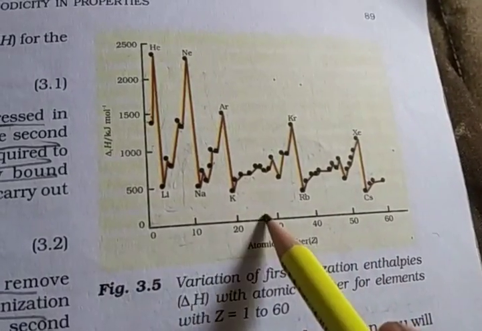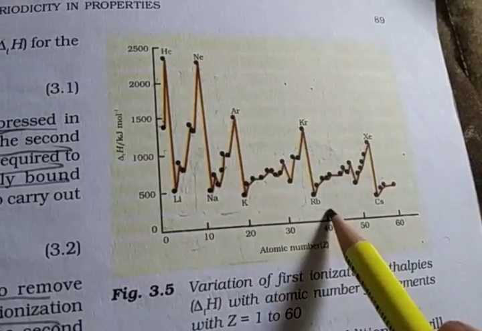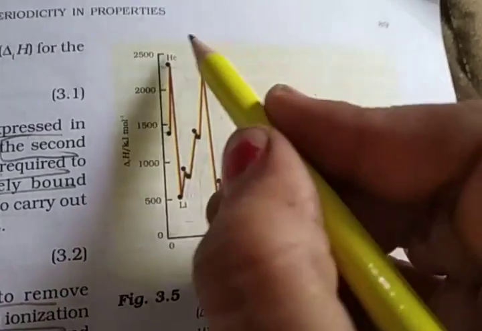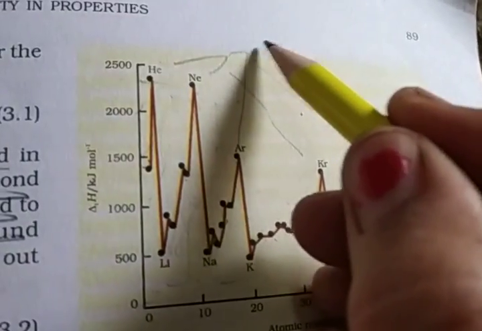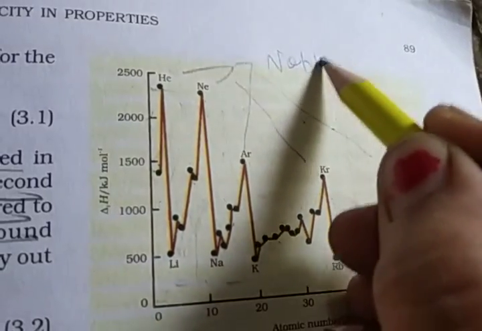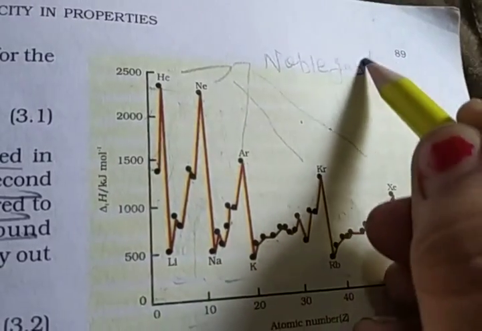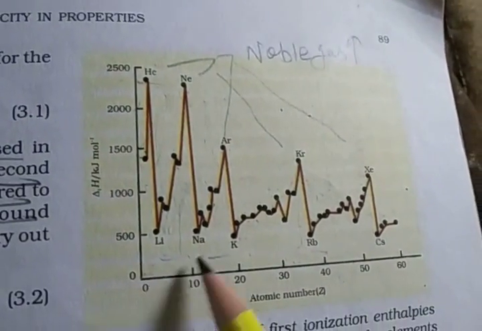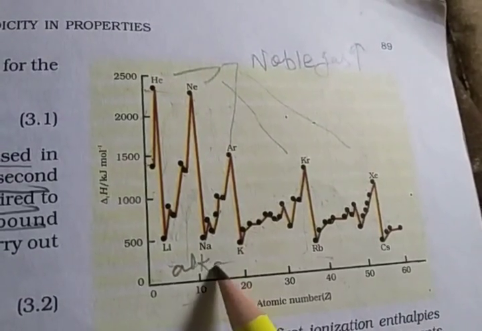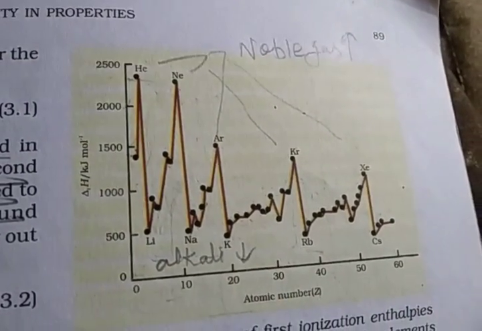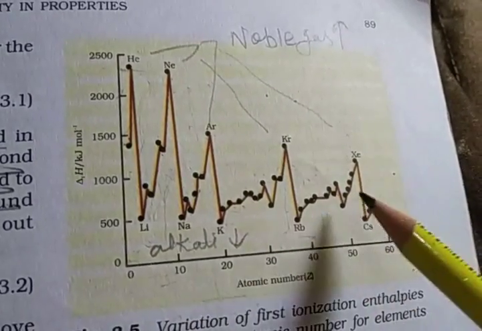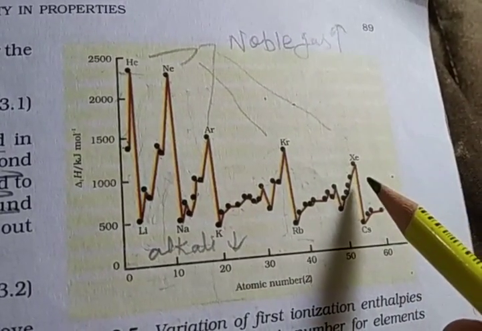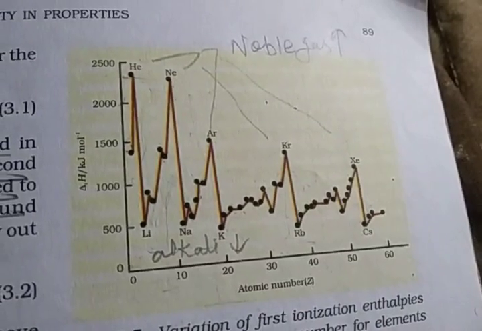Alkali metals have low ionization enthalpy, so they are the minima. Their low ionization enthalpy can be correlated with their high reactivity.